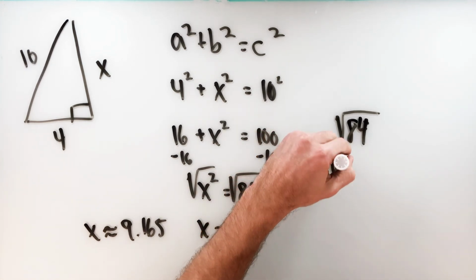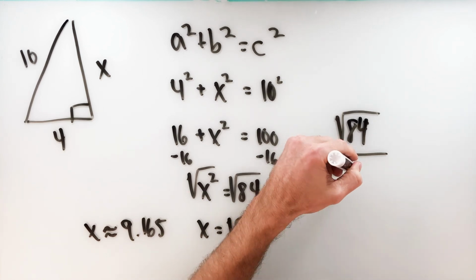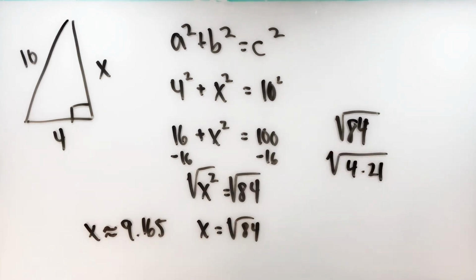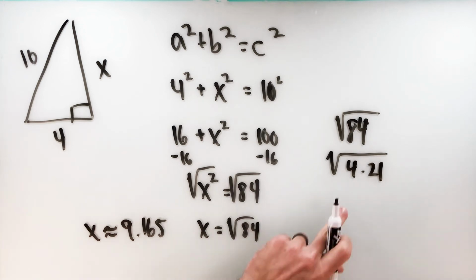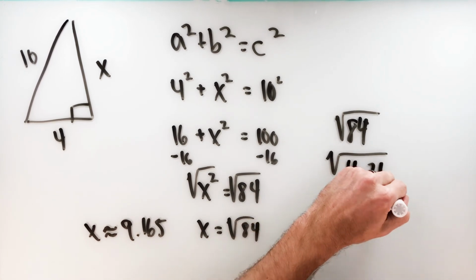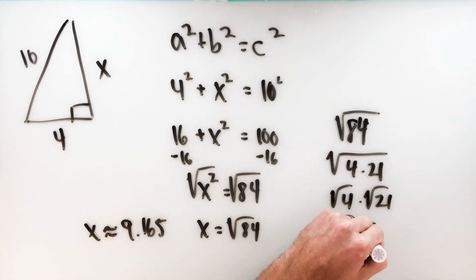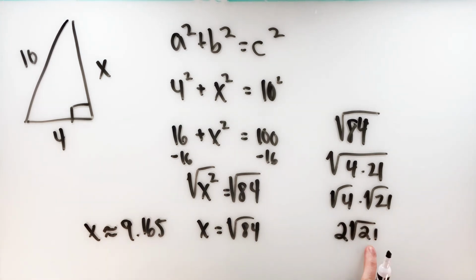So if I take 84, 4 times 21 equals 84. So I've got this as 4 times 21, same thing as the square root of 84. I can break those two factors apart and say that's equal to the square root of 4 times the square root of 21. And since I know the square root of 4 is just 2, I can write this as 2 times the square root of 21. There's no perfect square I can divide out of 21.